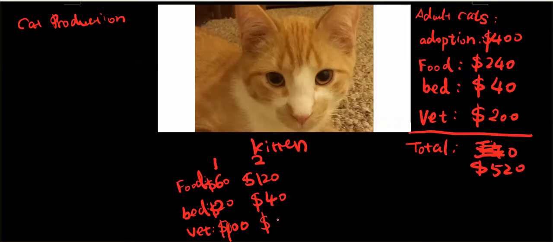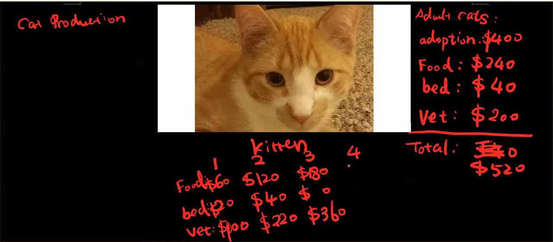When we have two kittens, all of them will cost us $220. And if we have three kittens, we triple the food, so that will be $180, and the bed will be $60. And the vet, again, they will have a higher probability to get the flu, so the three kittens will cost us $360.